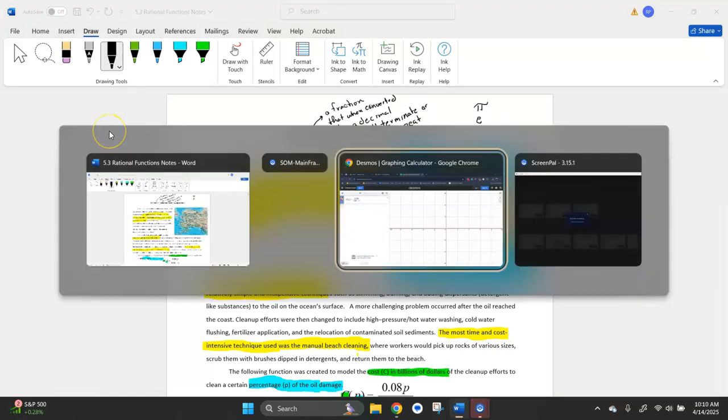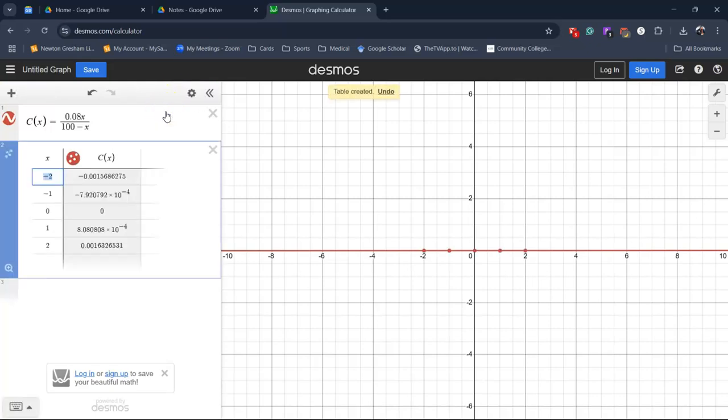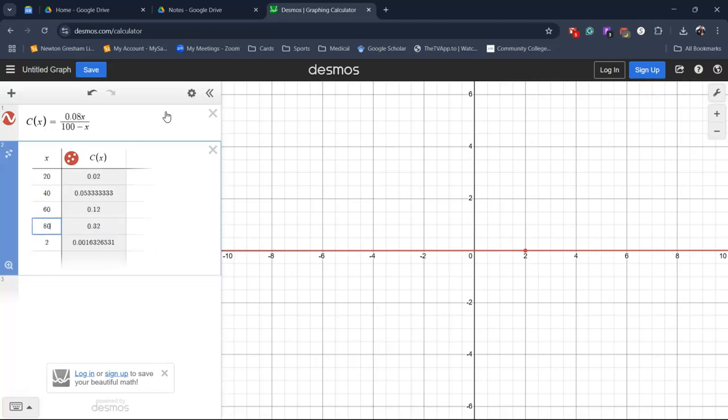So if we go back to Desmos, we want to create a table. We go to the gear, select the table, and change our table based on the input values, the percentages that were given. We'll note that when we get to 100%, we have undefined.